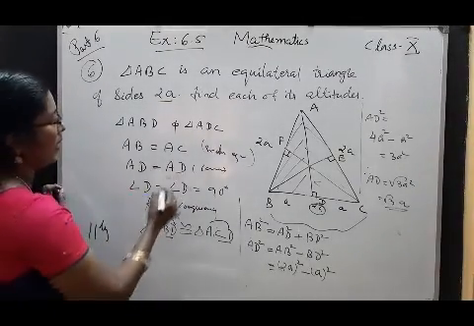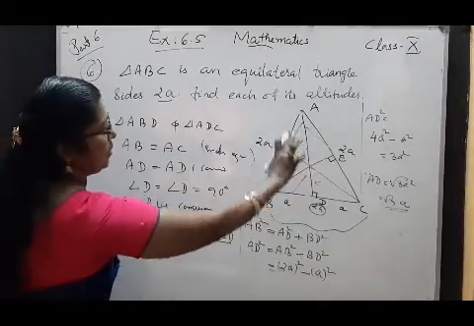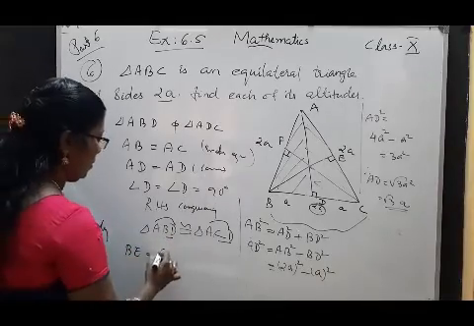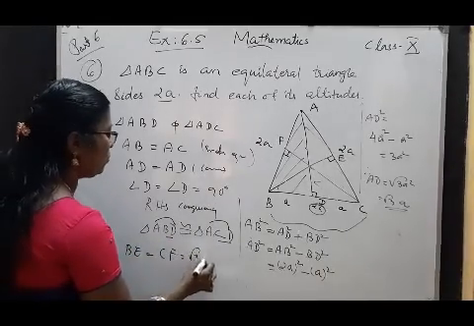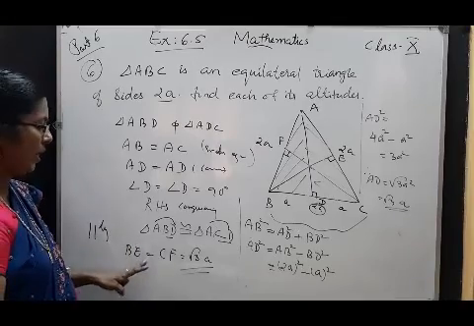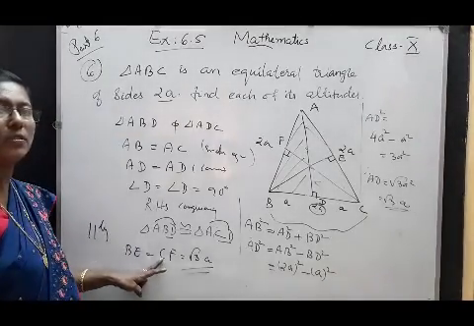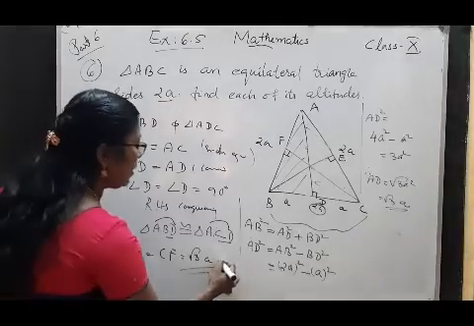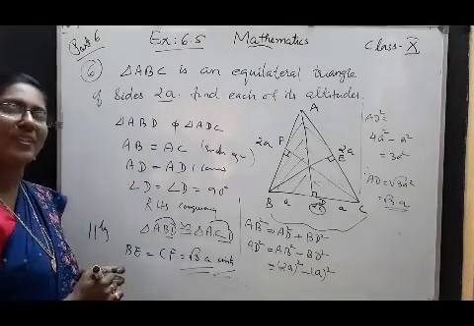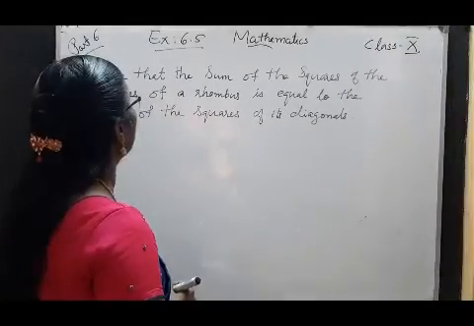Similarly, BE equals CF equals root 3a. AD, BE and CF are the altitudes, each equal to root 3a units.